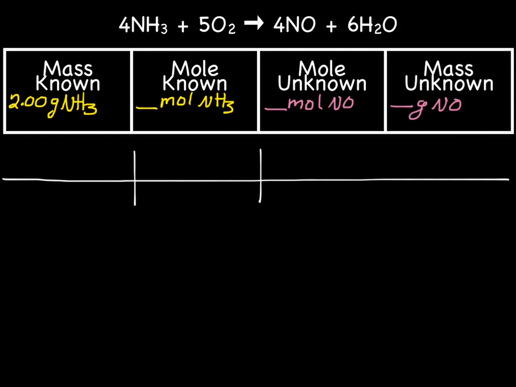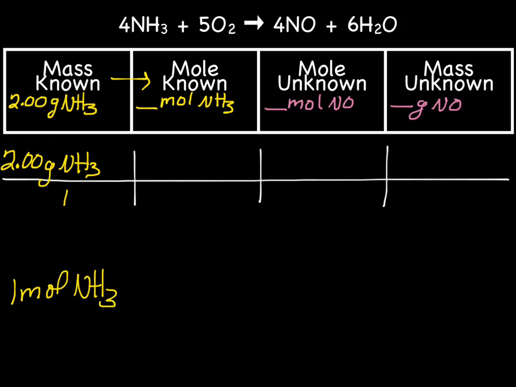Our map tells us this is going to be a 4-grid problem. So we'll start with bringing our known and putting it in the grid. That's 2.00 grams ammonia, or NH3, over 1. Then we need to convert from mass known to mole known. The equality that has those terms in it would be 1 mole of the known, or 1 mole NH3, equals the molar mass of NH3, which we add up from 1 nitrogen and 3 hydrogen, giving us a mass of 17.04 grams NH3.